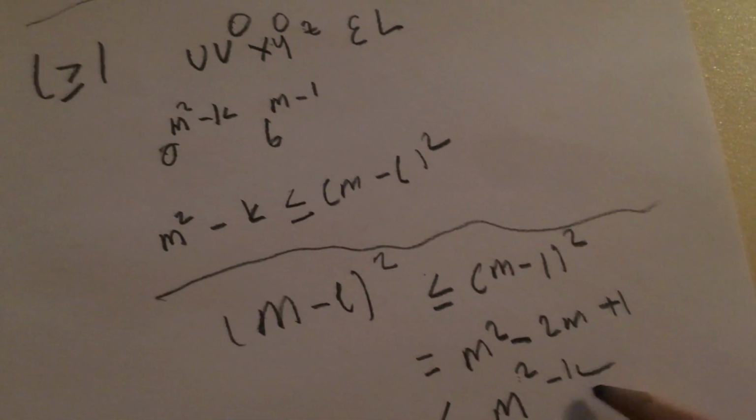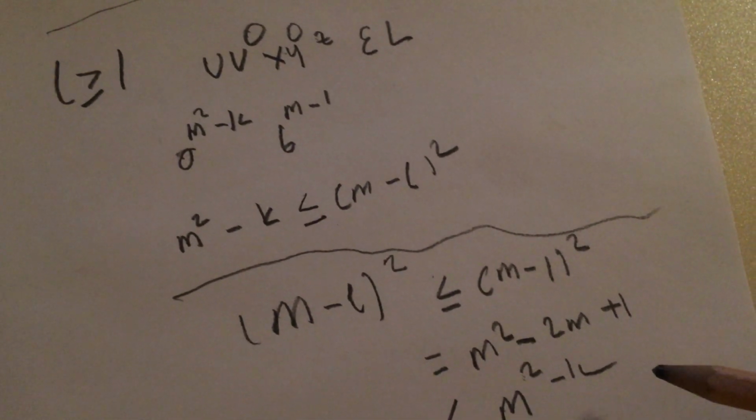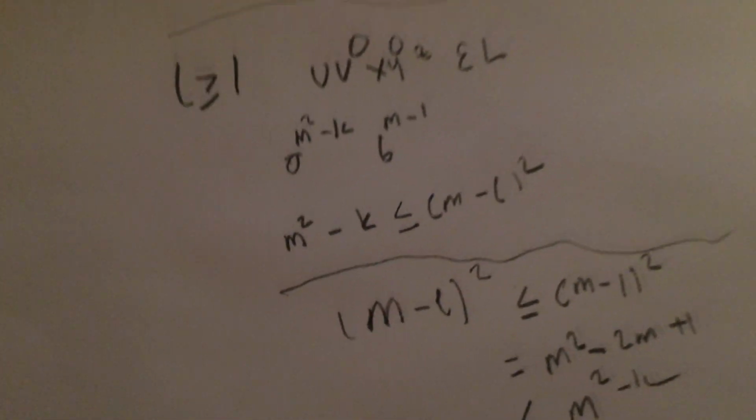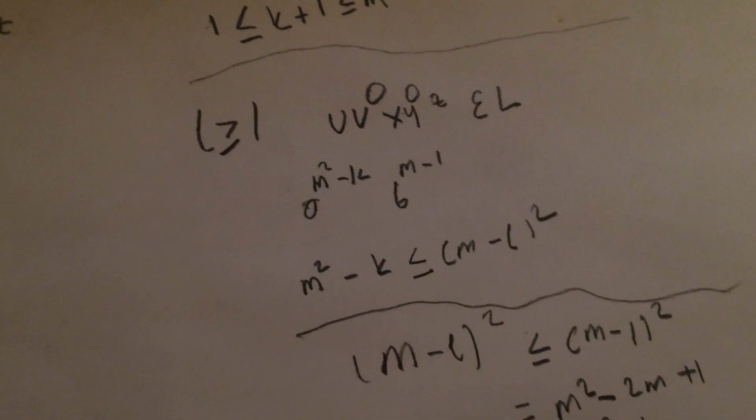I write this k because k will be less than or equal to m. So this proves that this case is impossible.